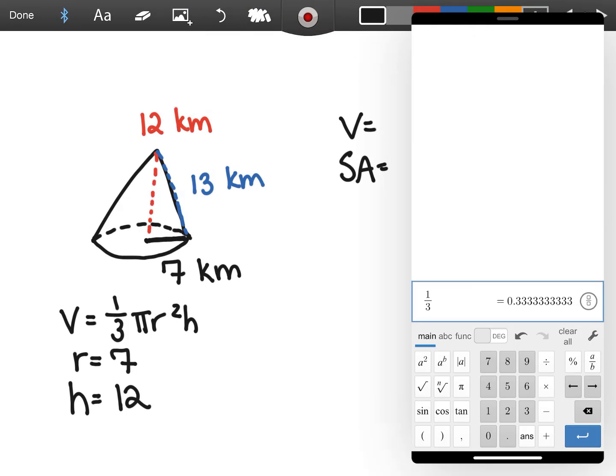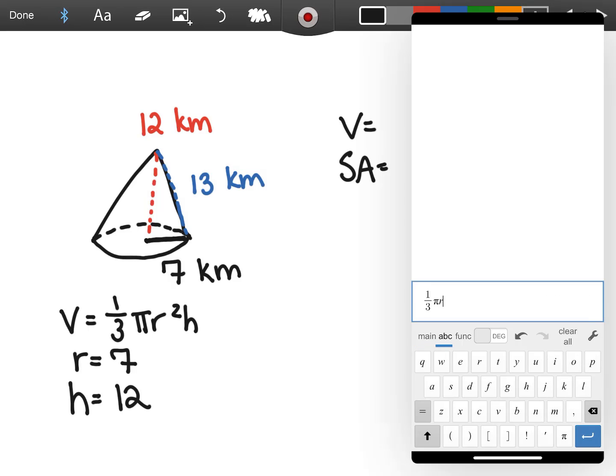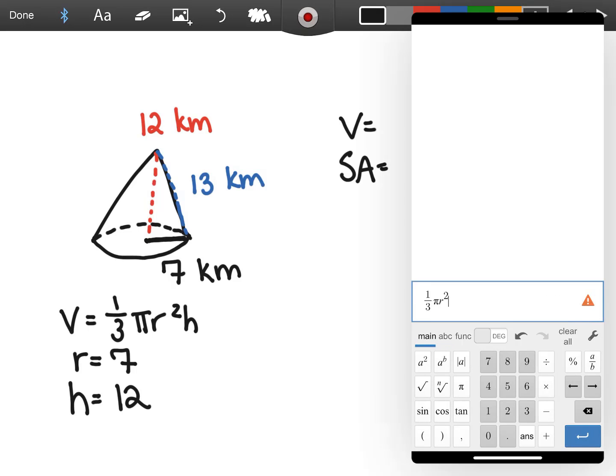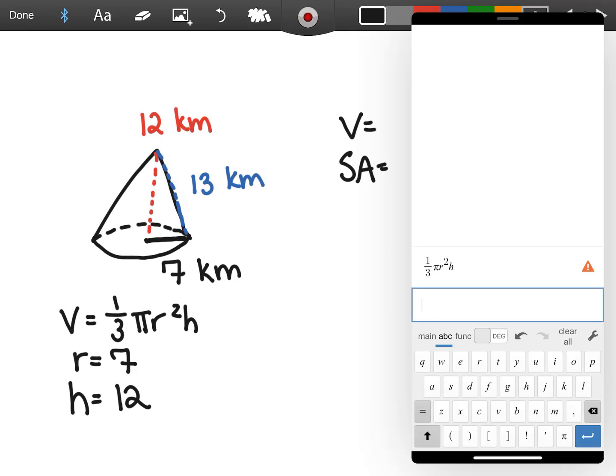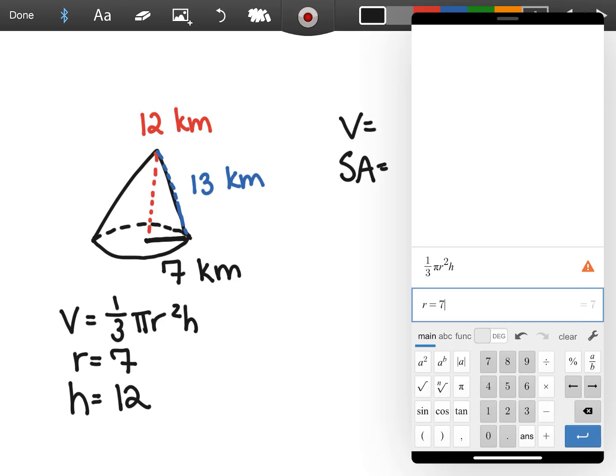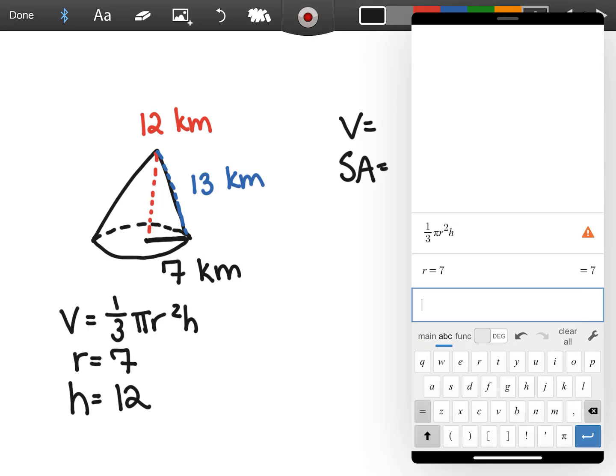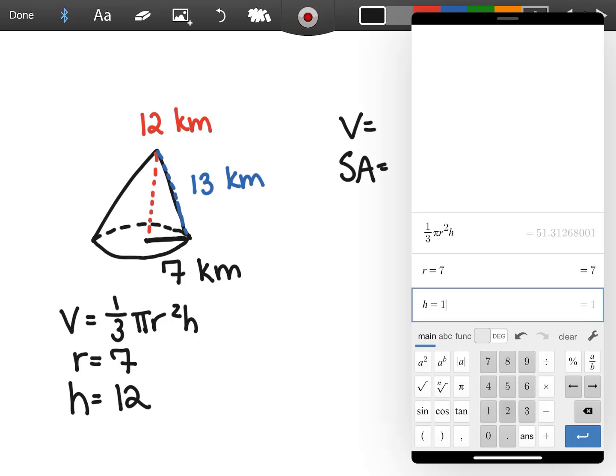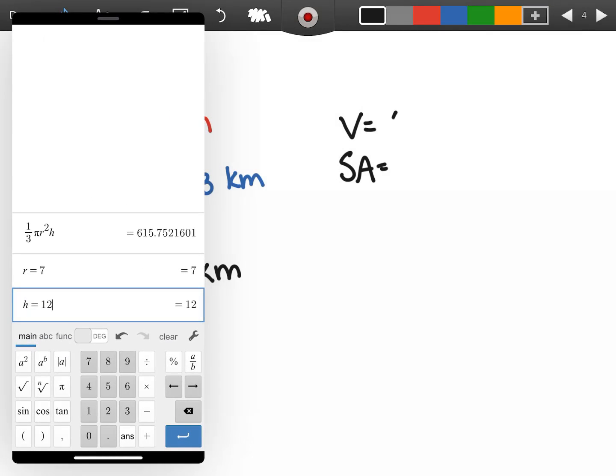So 1/3 pi r squared h, and r is equal to 7, and h is equal to 12. So we end up with a volume of 615.75. Again, it's going to be cubic kilometers or kilometers cubed.